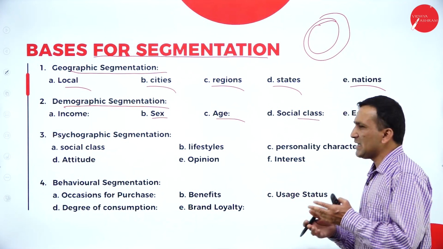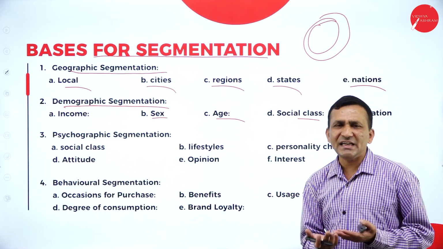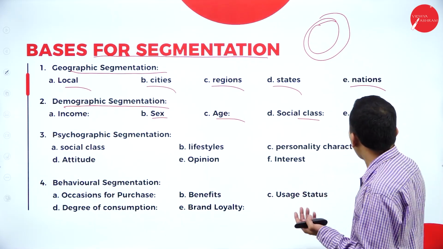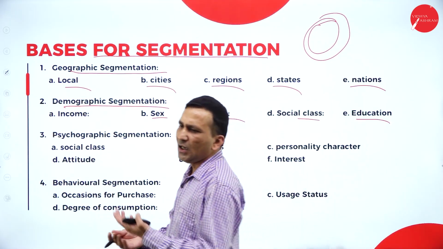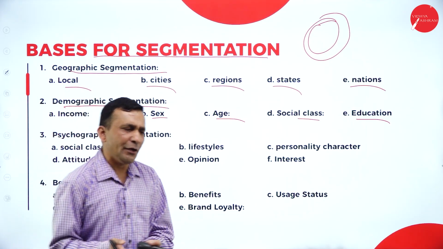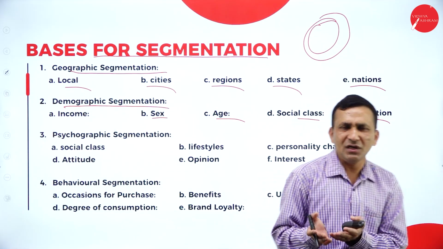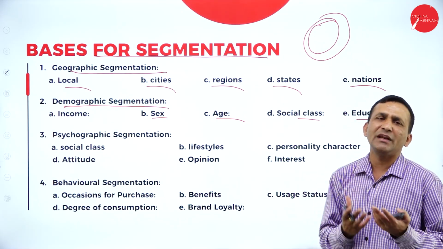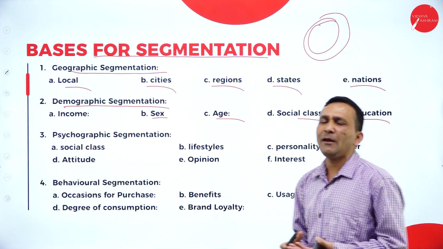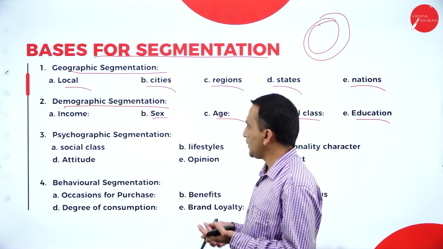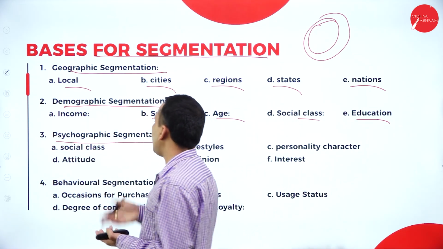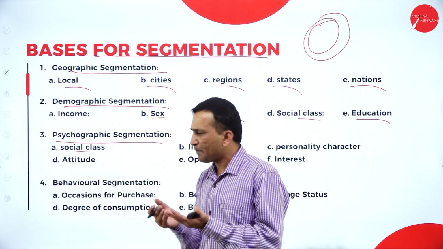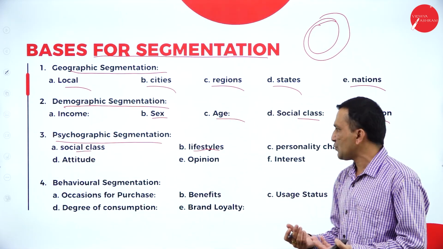And social class, you have to study, it is very important here. And the education level, because if you take the example of competitive books, textbooks, publishing, journals, which are education based, you are offering a product based on education. Now psychographic segmentation: social class and lifestyle are very important.